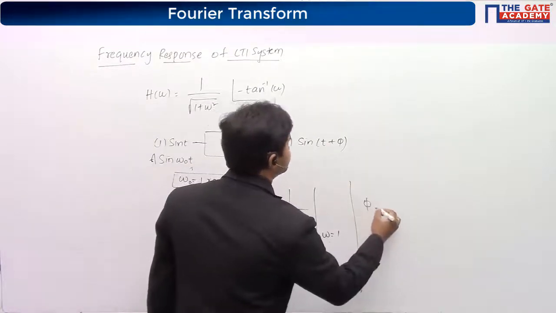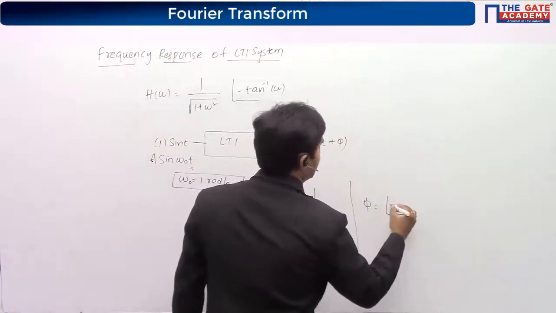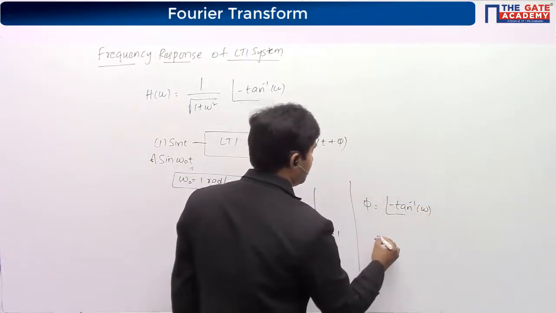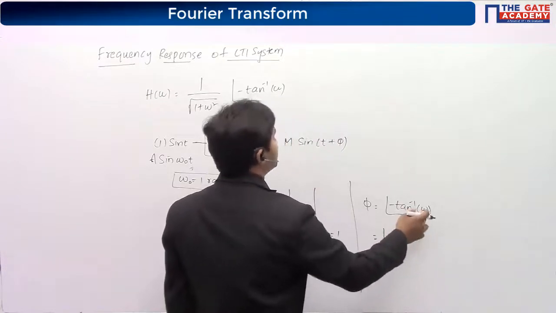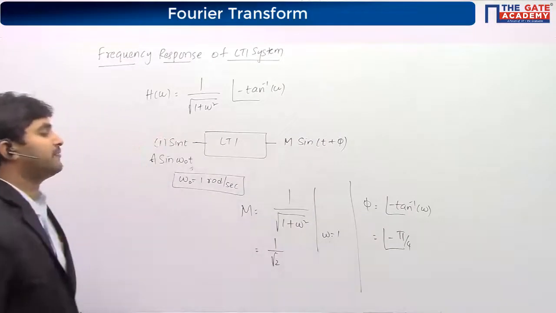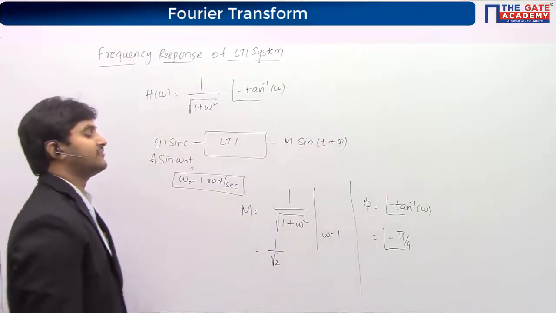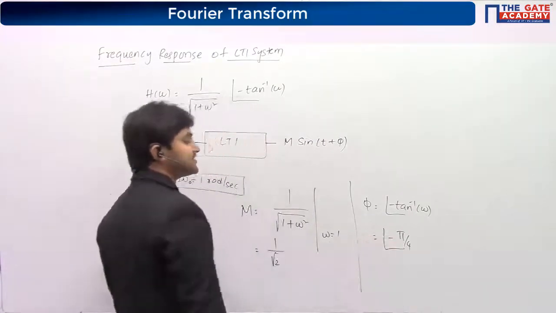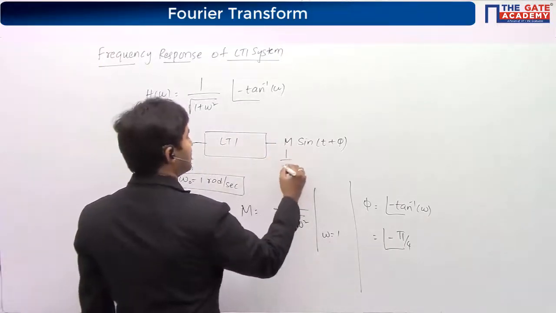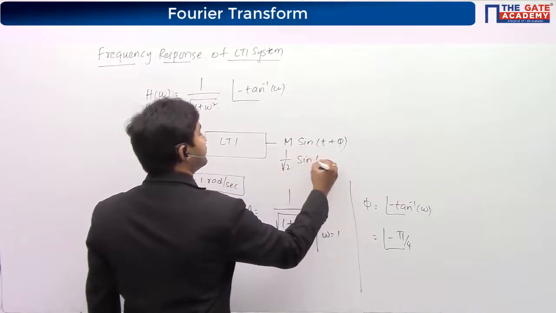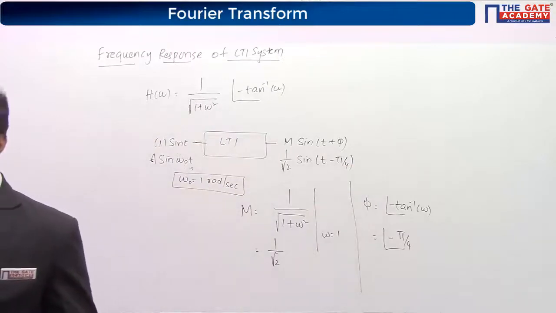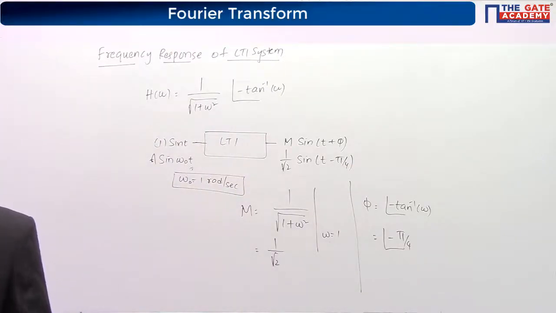The phase value is equal to minus tan inverse omega. Minus of tan inverse 1 is what? Tan inverse 1 is pi by 4, so the phase is given by minus pi by 4. You can substitute here. It's going to be 1 by root 2 sine of t minus pi by 4, which is nothing but our option D.